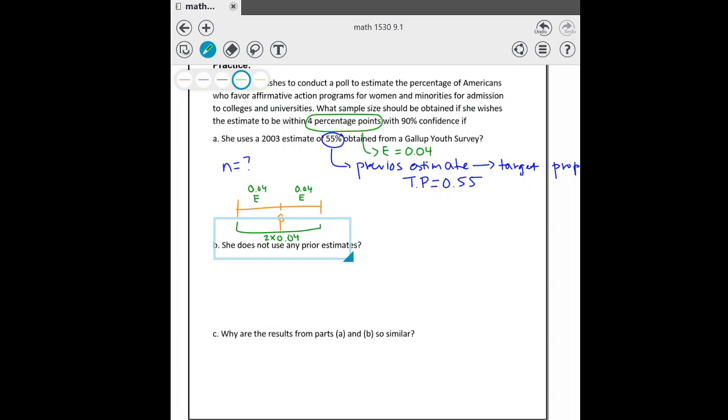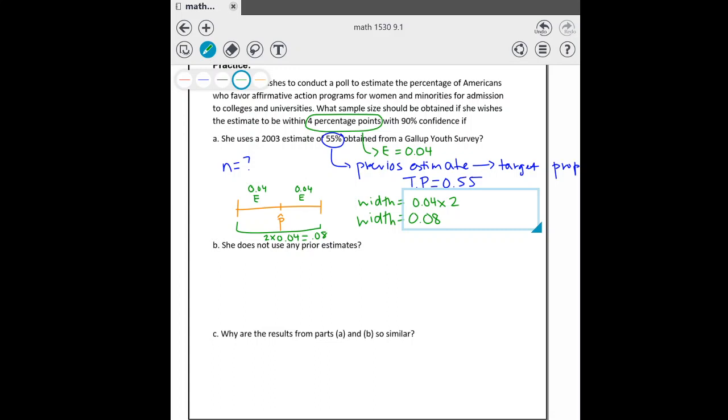The length of a confidence interval is E plus E, or E times 2. So that would give us 0.08 for our width. You've always got to multiply that E by 2 to get your confidence interval width.